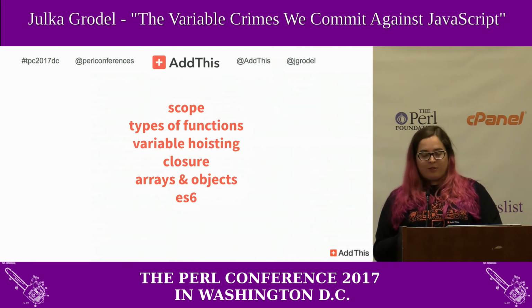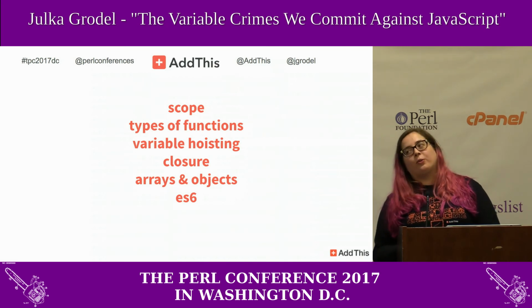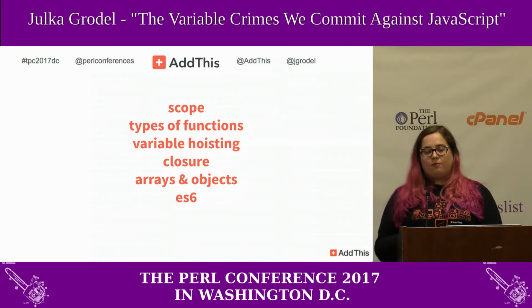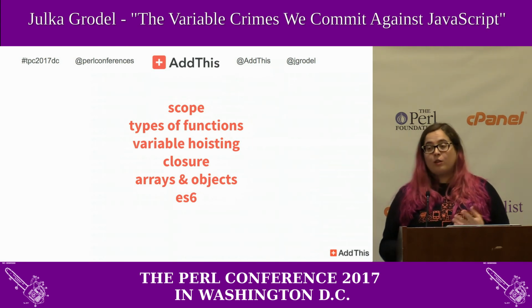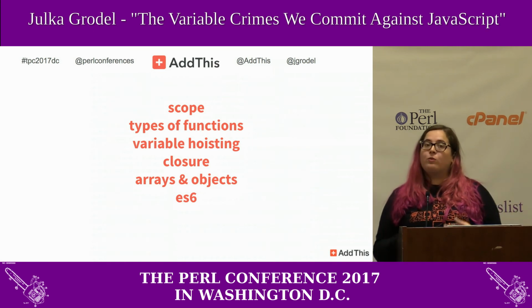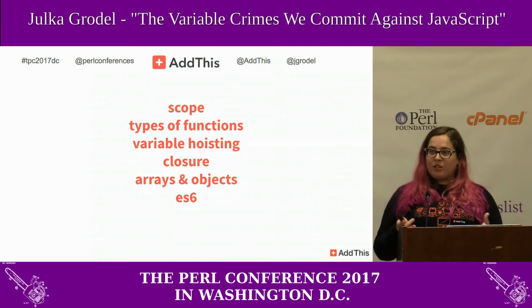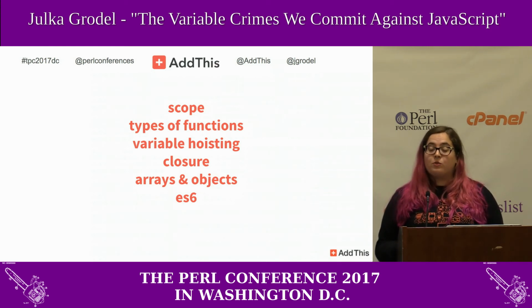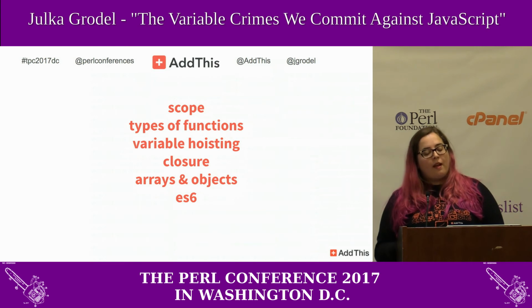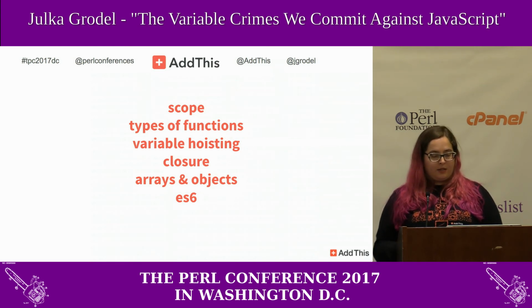Variable hoisting in JavaScript: just because you put var pink on your 1000th line doesn't mean var isn't actually getting set up on line 2. Closure in JavaScript, so how scopes help us hide functions and variables that we don't want used from the outside. Arrays and objects are special in JavaScript because we're always using them by reference. And then a little bit about ES6.